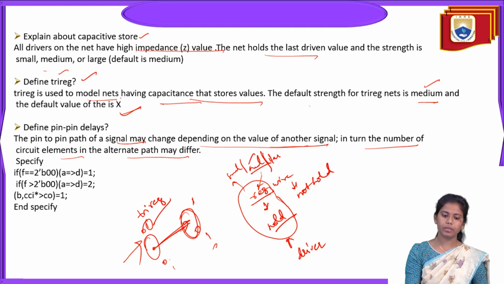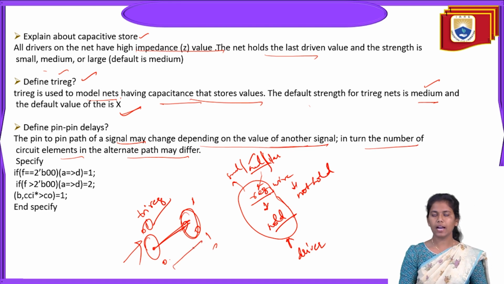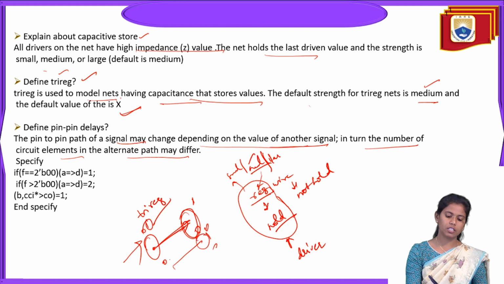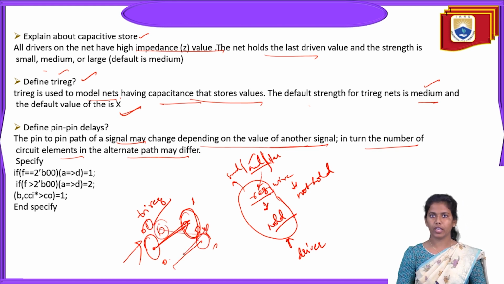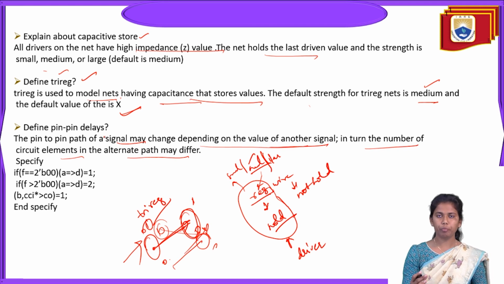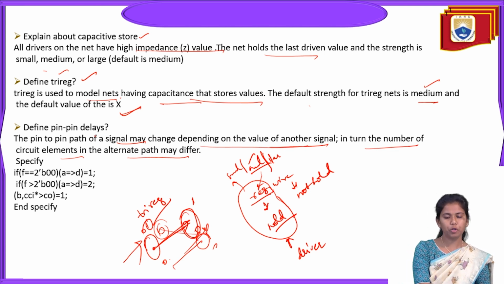If not, I can choose another alternative path, and in that path I have to make sure whether the destination is 0. Is it matching with me or not? I should check. This is nothing but the pin-to-pin delay. When you are checking in the alternative path, you will obviously observe some delays, and such delays are meant to be pin-to-pin delays.